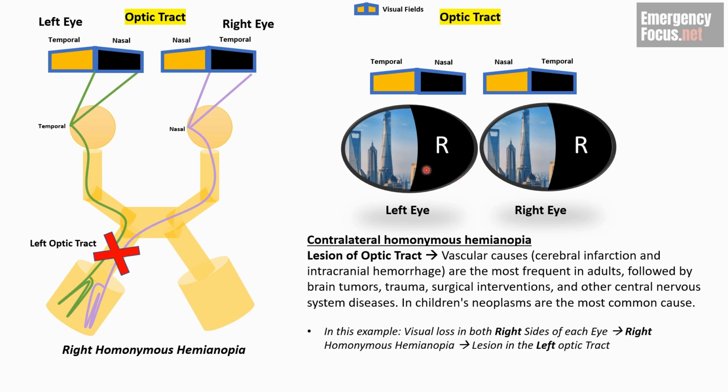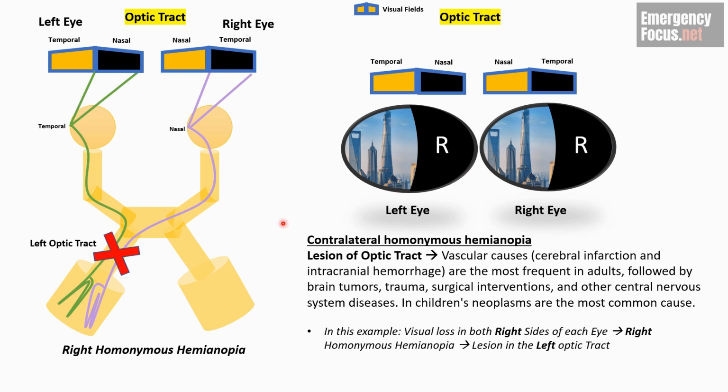Yes. So how do we call it? Homonymous. And how much of the visual field is affected? Half of it. So how do I call it? Hemianopia. So in this case, a damage on the left optic tract will give me a right homonymous hemianopia.